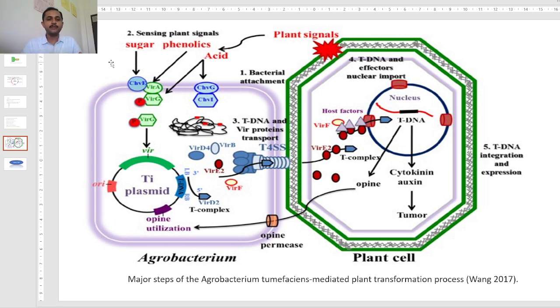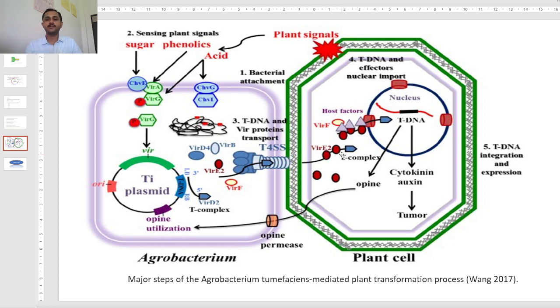When these virulence proteins are synthesized, they start formation of a single strand of the transfer DNA, and after that, this system makes a secretory system, a tunnel-like structure, from where the single stranded DNA is translocated to the plant cell. The single-stranded binding proteins carry it and protect it from degradation by the host machinery of the plant, and further it moves to the nucleus, where it integrates into the chromosome.